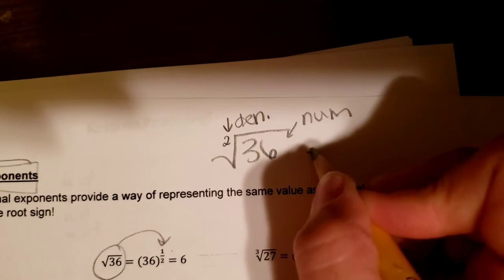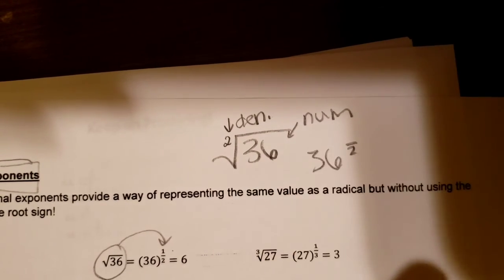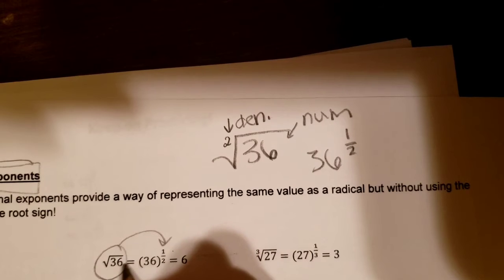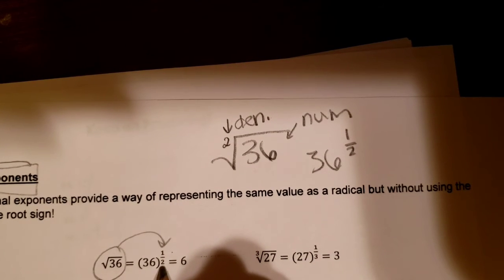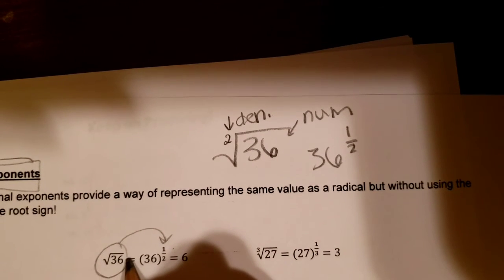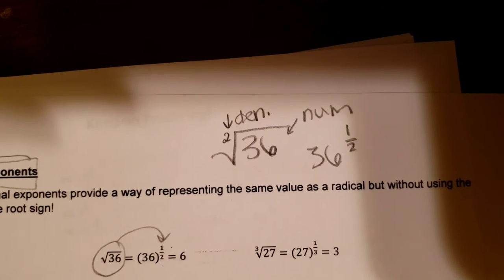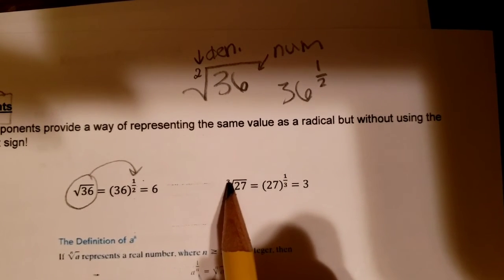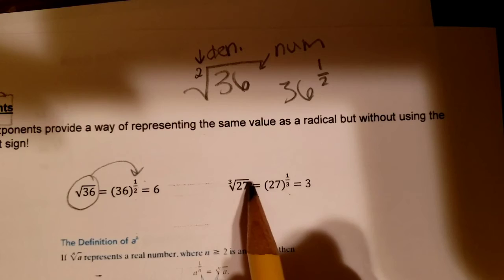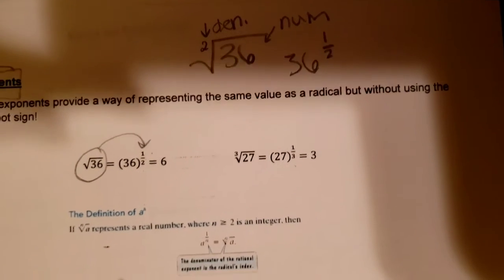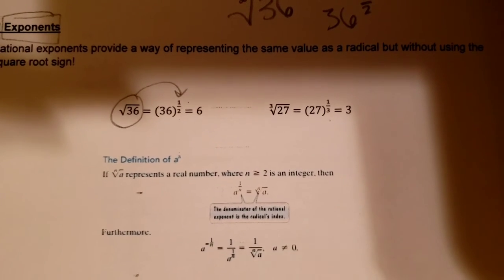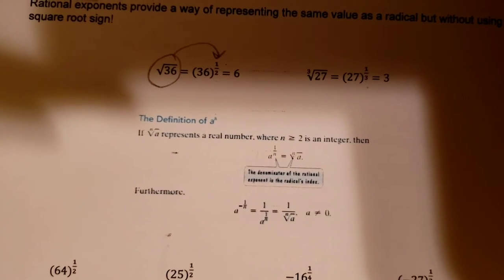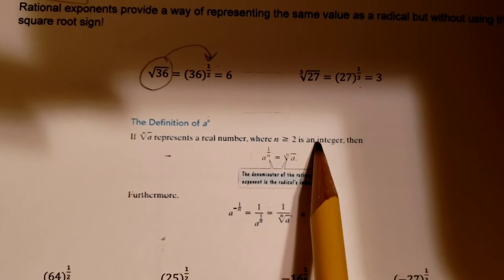That's why you see this written as 36 to the 1/2 power, because the index of 2 ended up in the denominator, while the first power ended up in the numerator. Here the index of 3 ends up in the denominator, and the power of 1 in the numerator. So the index determines our denominator, while the power determines our numerator. That's what is being explained in this area here.